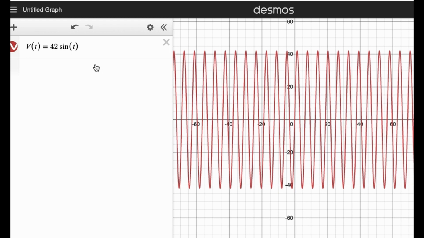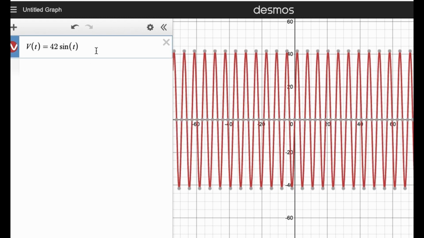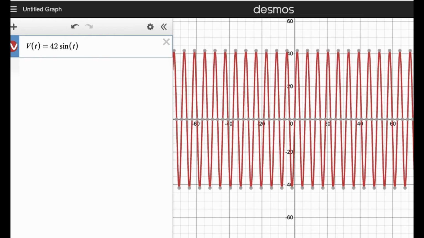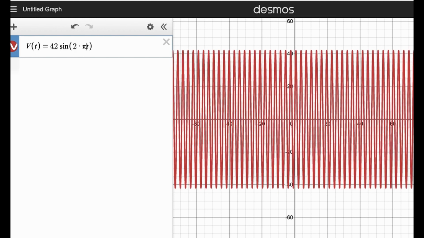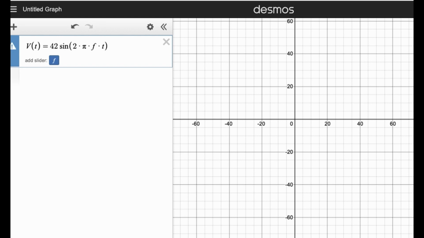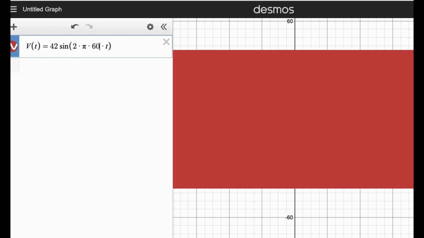We were given a frequency for this oscillator. The frequency was 60 hertz, as I recall. Yep. So we can put that in as well. The formula for the sine wave is 2 times pi times f times t, where f is the frequency. So we want to put in that 60 here. This creates a function for the voltage.